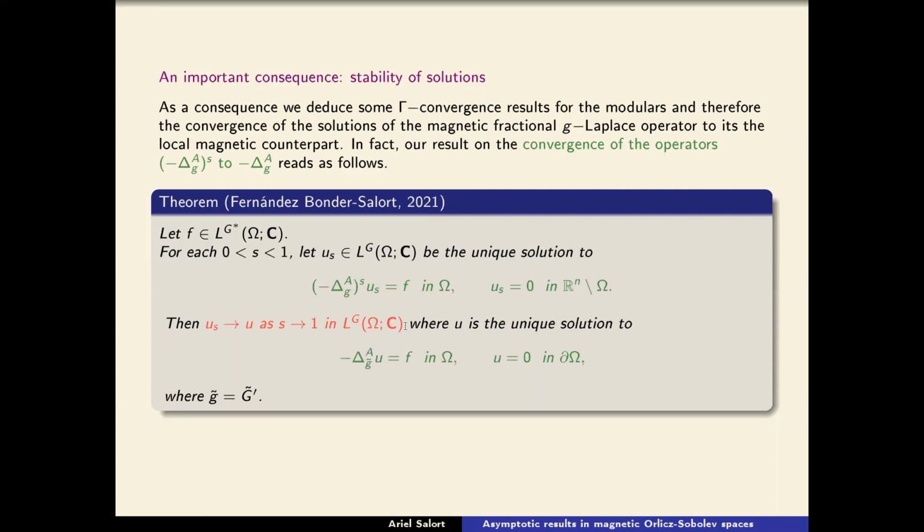The proof of this kind of results is given in terms of Gamma-convergence. You study the behavior of the energy functionals related to these operators, and you prove the Gamma-convergence of the energy functionals. It's quite technical, the proof, so I wanted only to mention the technique.